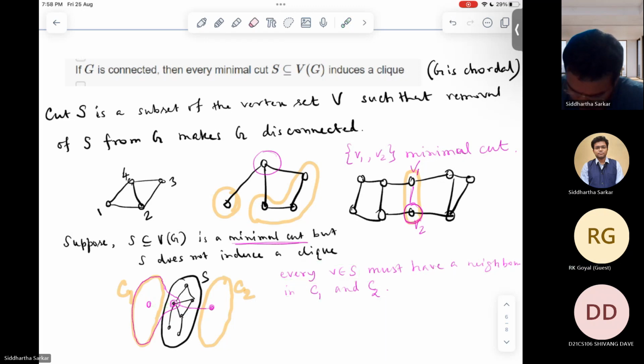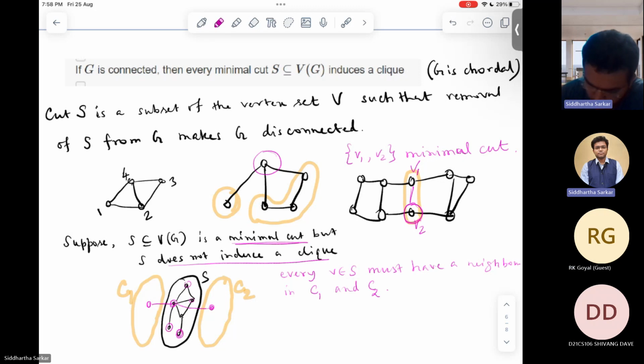So I will draw two edges. Now this is true for every vertex in S. Because S is not a clique by assumption, but it is a minimal cut, there is at least one pair of vertices in S which don't have an edge between them.